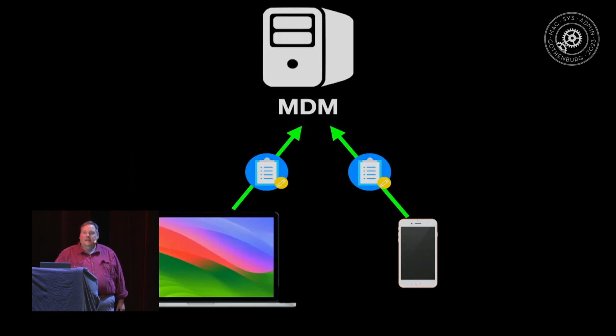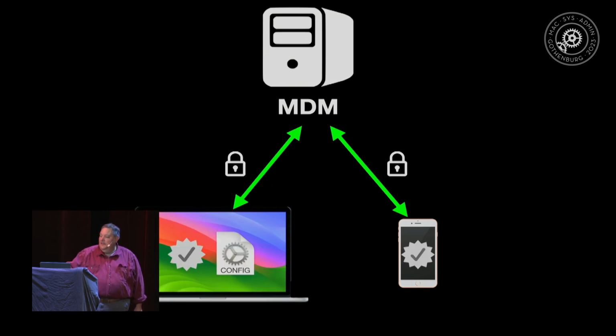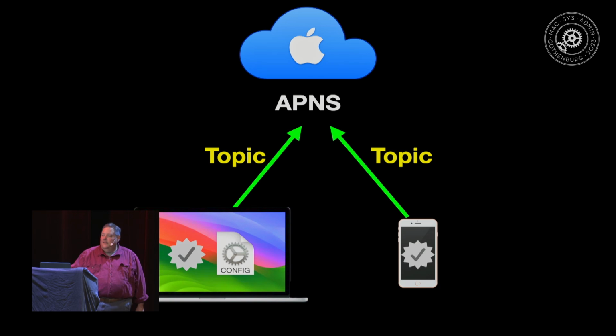The device connects to the MDM server and sends in an enrollment request. Now, as part of the enrollment process, the MDM configuration profile is downloaded to the device. The device is now managed by the MDM server, and it's able to communicate securely. Now that the MDM profile is in place, the device registers itself with APNS using that topic.